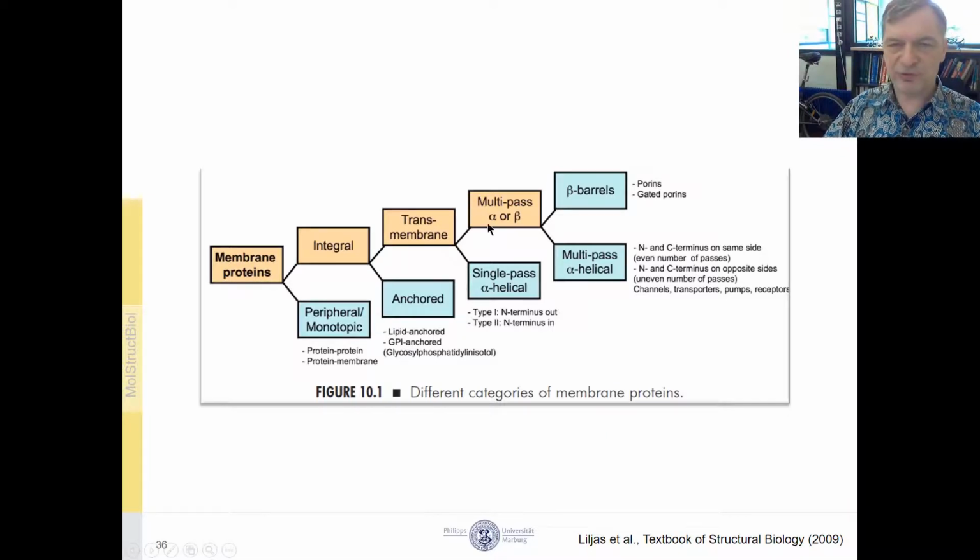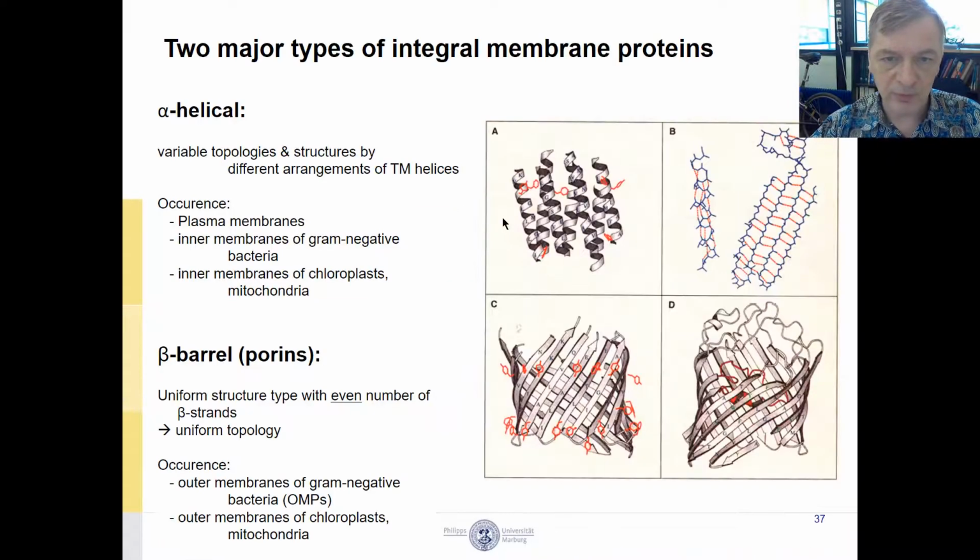For today's purpose, we are more interested in those which have multiple passes of their polypeptide chain going through the membrane. There are these multi-pass membrane proteins, and there are two major classes, two major types. One of them uses just alpha helical transmembrane helices, abbreviated TM.